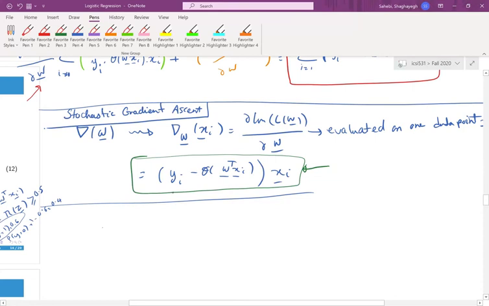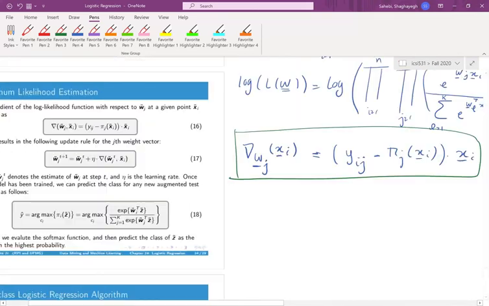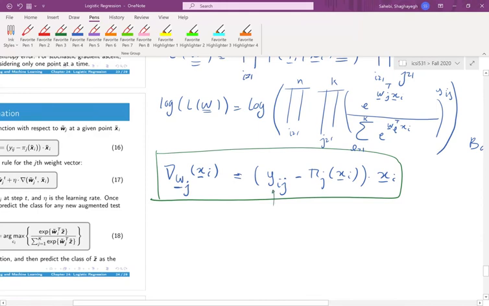It's the observed yi minus the pi for class 1 of w transpose xi multiplied by xi. So here we also have the same thing: the observed response variable minus pi sub j for that specific class of our data point xi, multiplied by xi.